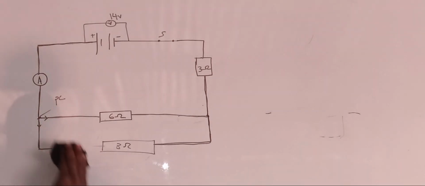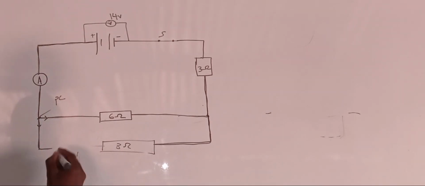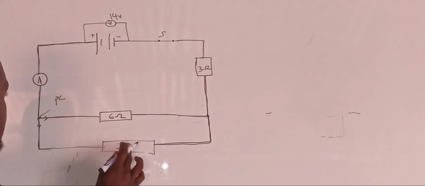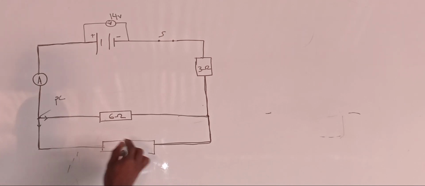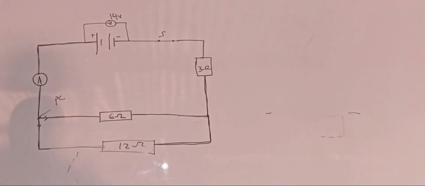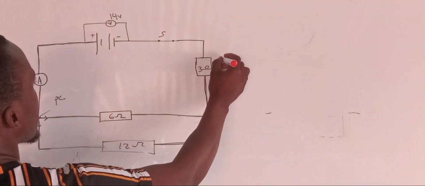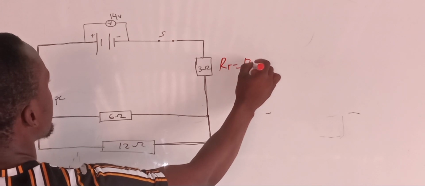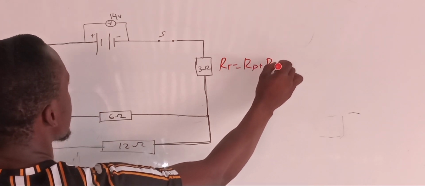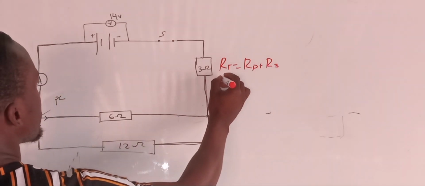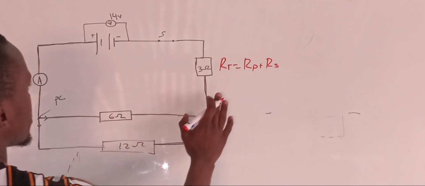So even if here I can remove it and actually write 12, because that's what I said, right? This is 12 ohms. Now for me to calculate R total, this is the formula that we'll use. R total will be R parallel plus R series. Then R parallel, it's what?